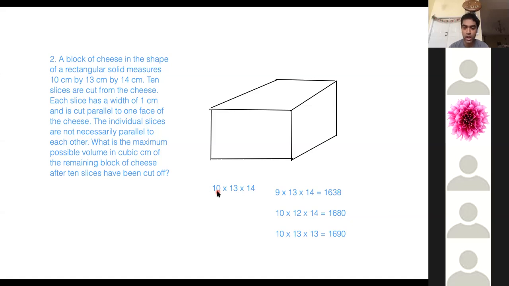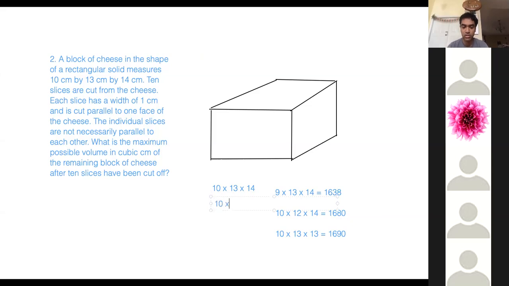I know that if I cut a slice, the slice that I cut is either 10 by 13, 10 by 14, or 13 by 14, right? So we know that I picked the 10 by 13 one. So what does that mean about the size after I cut the 10 by 13 one? If you cut 10 by 13, you reduce the 14.